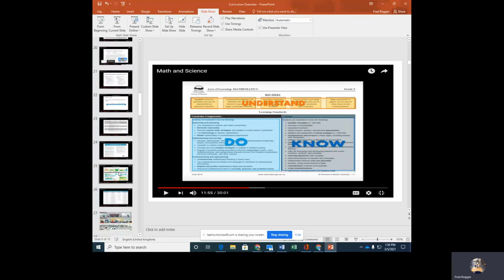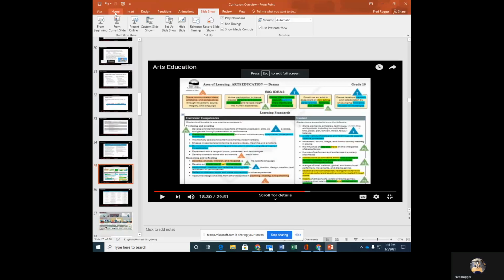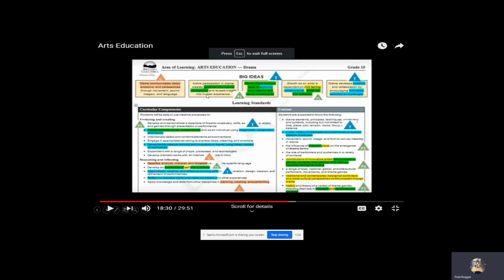One thing to point out again is the core competencies are built into whatever curriculum you have. By having kids think about the big ideas, by having them learn how to do the skills in the curricular competencies and apply those skills through the content, you are going to be hitting a lot of the core competencies for your particular subject and class.